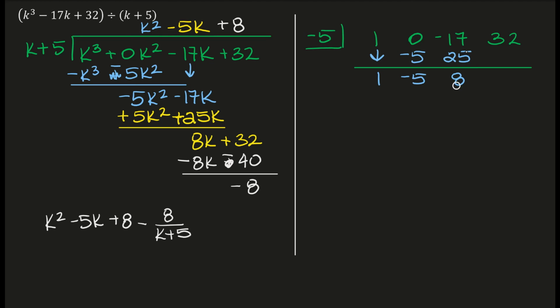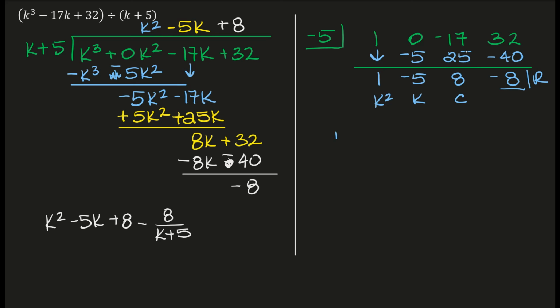Negative 5 times 8 is negative 40. And this gives me the negative 8. And this is going to be my remainder. So this started with k to the third. So my solutions, this would be my k squared, k, and my constant.